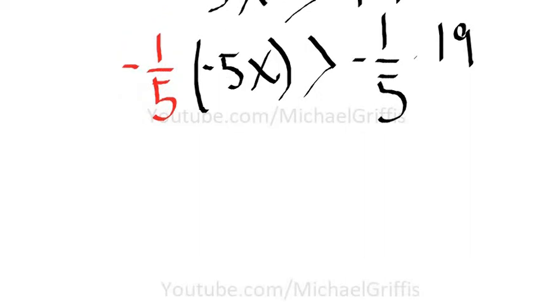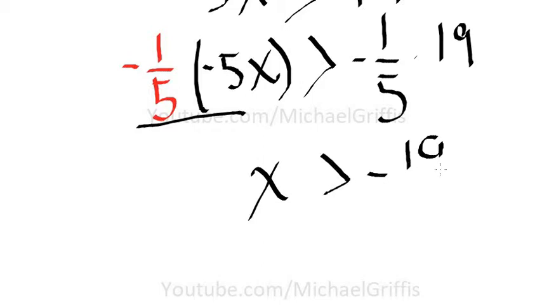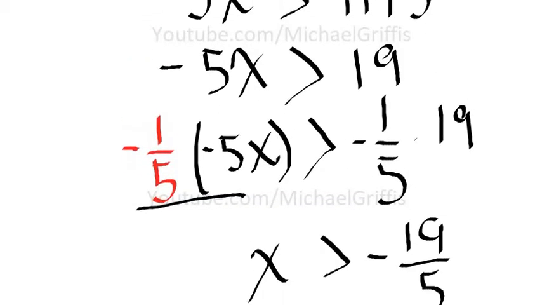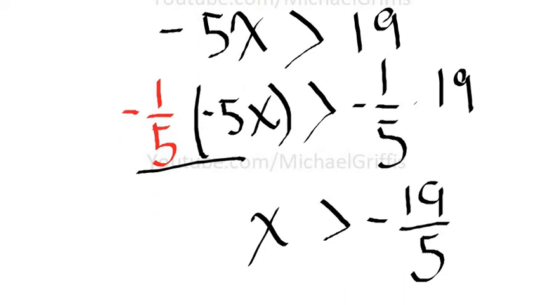Okay, and so that's going to go to 1, but we're not going to write that 1 out in front of x. And then this is negative 19 over 5. What happened here? Something's fishy. Okay, we multiplied both sides by a negative, and when we do that, we must flip the sign.